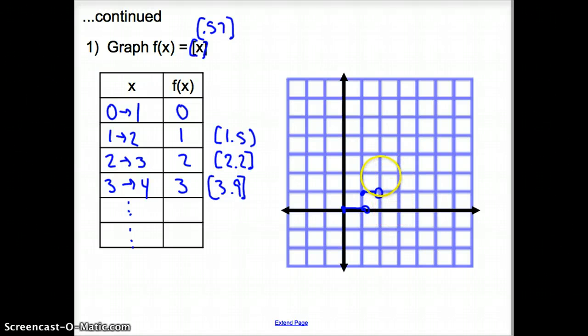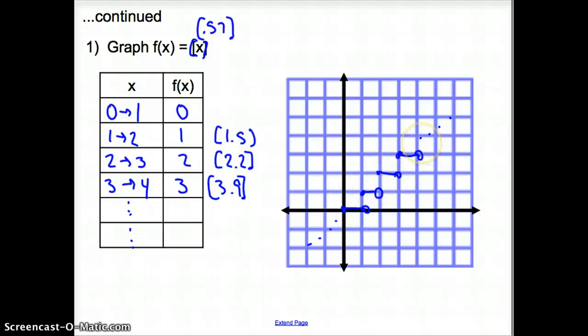I go up 2. So I put a point, and I have an open circle with a bar attaching it. And then 3 to 4. Here's 3 to 4. And where is it on the y? It is at 3. So I move it up. Again, it's a closed circle because it can be that, and then a bar, open circle because it's not that.